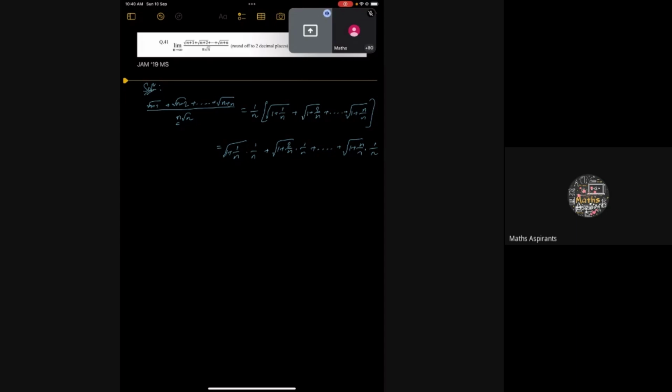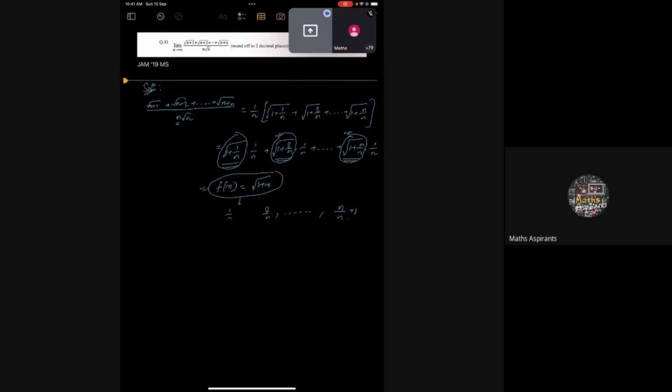Now if you look carefully, there is a certain pattern here. There is a function, say f(x) equal to the square root of 1 plus x. It looks like this function is assuming the values at the points 1 by n, 2 by n, up to n by n, which is nothing but 1.